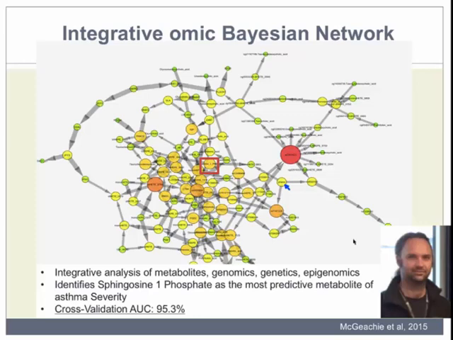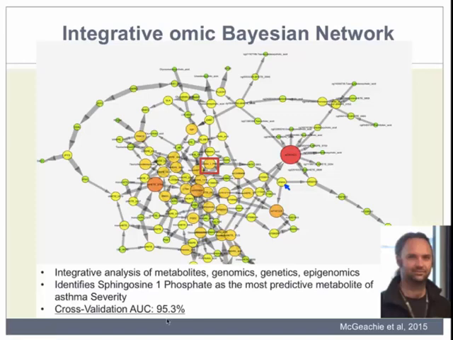And Mike is really an expert in Bayesian networks, so he took all of those types of omics and integrated them together to develop one network of multi-omics and the subsequent development of asthma severity. And he did this using Bayesian networks, and he cross-validated his data, which actually showed he had this really high ability to predict asthma severity.